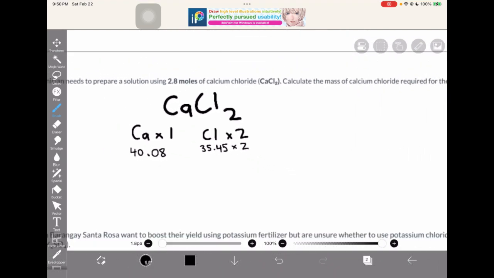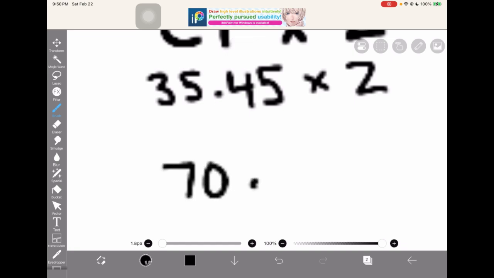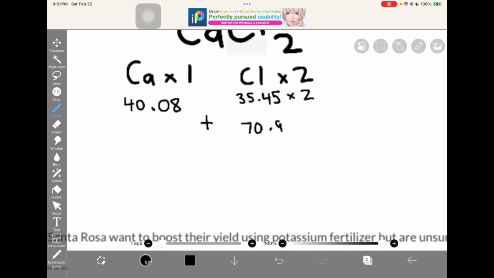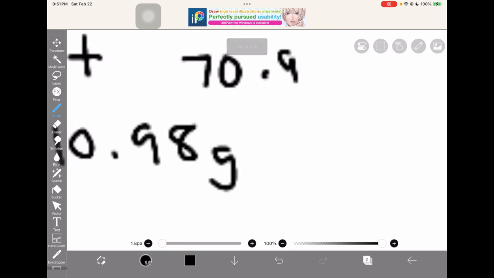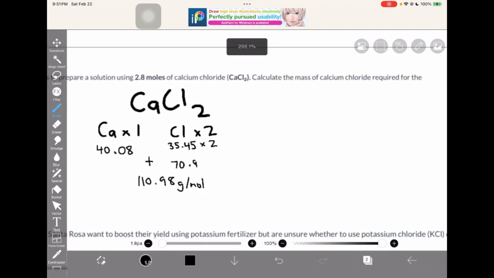So 35.45 times 2 is equal to 70.9. And then we just add these together. 40.08 plus 70.9, let's type that in our calculator, is equal to 110.98 grams per mole.